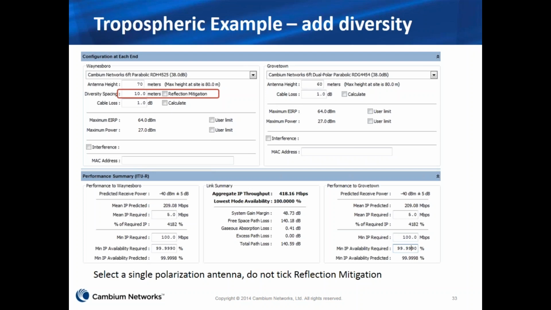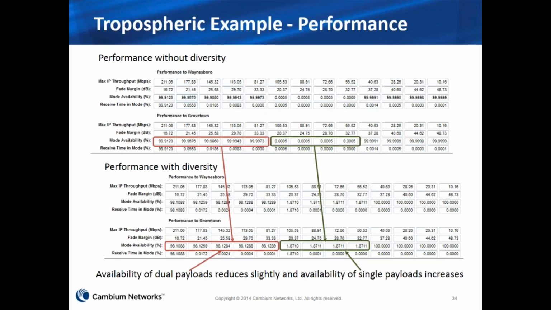We can see now that if we look at the performance for the required throughput, we're now meeting the level, so it all looks good. But let's take a more detailed look at the actual performance details on here. What we're actually seeing is that the availability of the dual payloads has decreased, but the availability of the single payloads has increased.